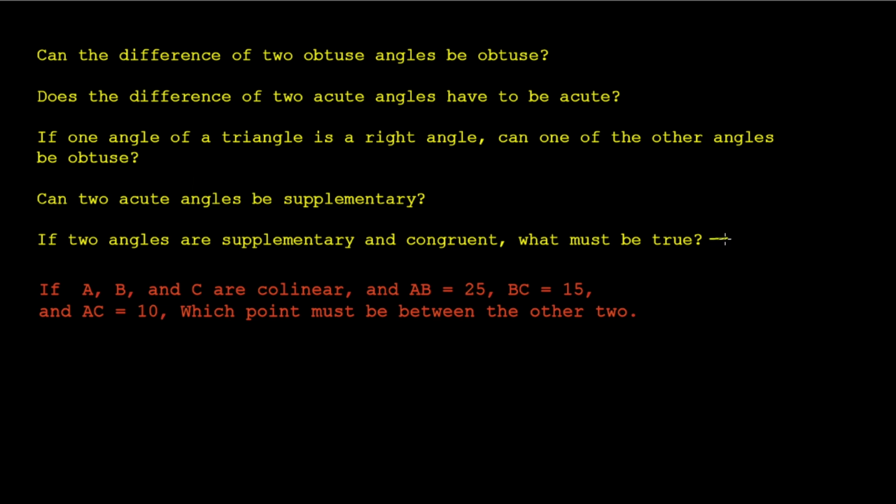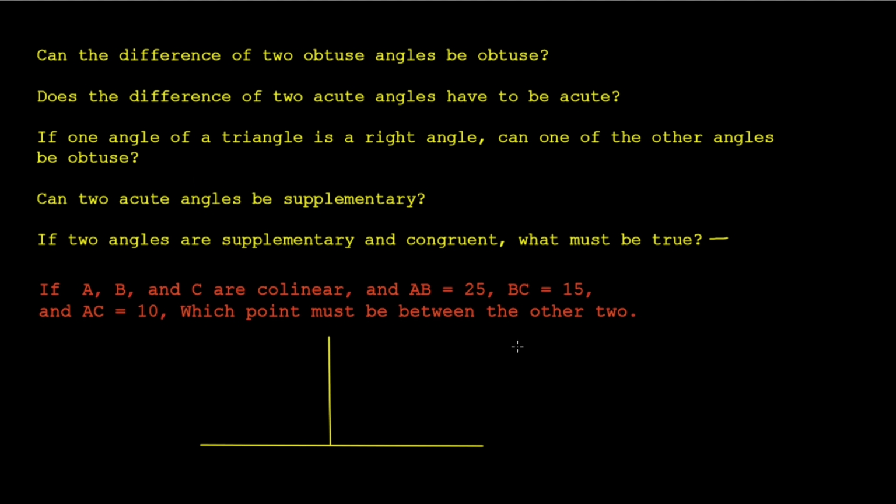Now we go to here. If two angles are supplementary and congruent, what must be true? Well, let's draw ourselves a picture. Supplementary and congruent right here. Now let's do some algebra.